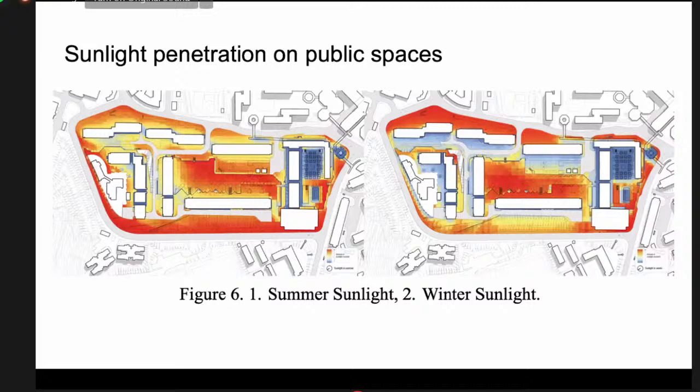But it could be something different in Indonesia. Maybe in Indonesia, some people avoid the solar heat gain. So it could be very different. Looking at this kind of assessment or evaluation depends on the climate and also the design intention that you have.